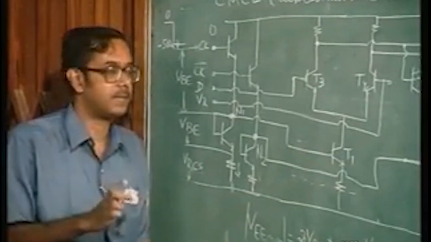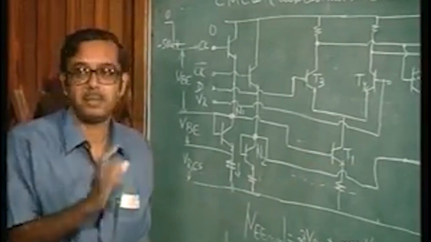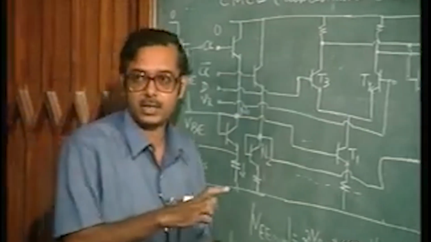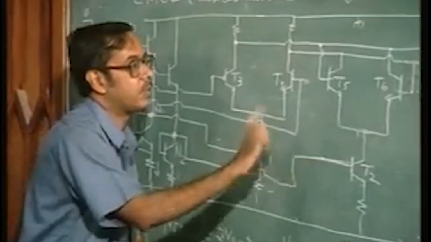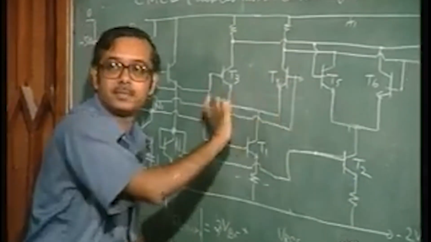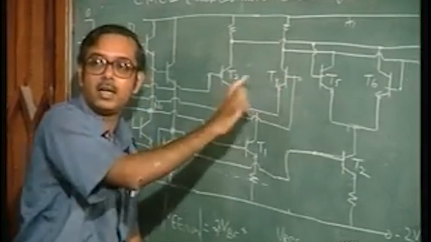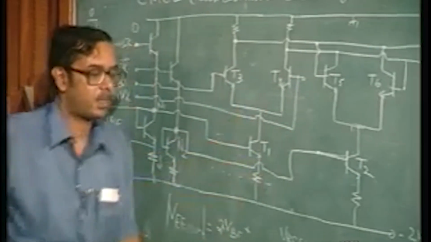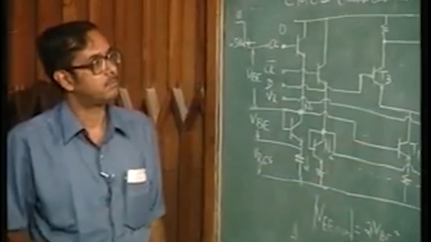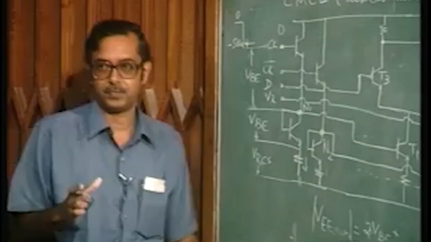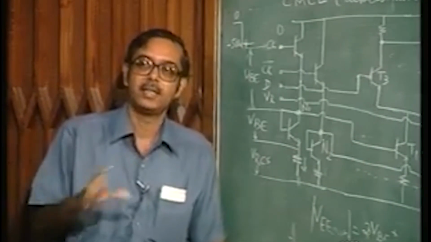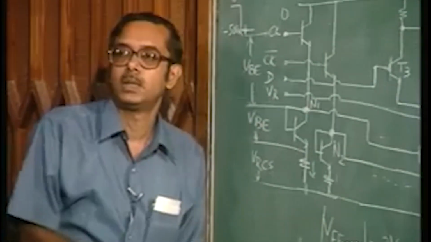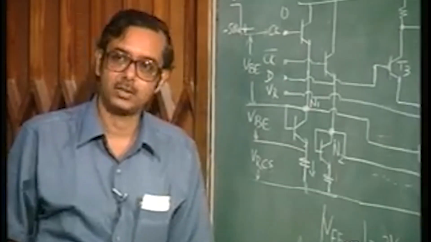So, here with a current mirror, instead of an emitter coupled structure, we choose which branch is going to be conducting. And in the process, the power dissipation is reduced because we require a lower power supply voltage. At the same time, the current requirement is also less.